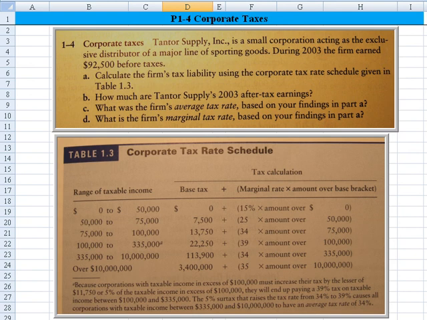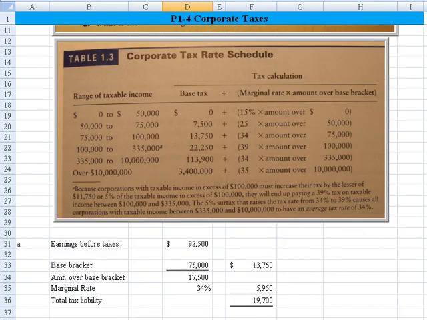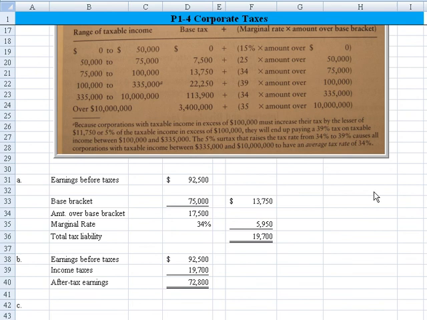Now sliding back up to the top to read what they want on Part C, which is what's the firm's average tax rate based on your findings in Part A. Let's slide back down. Let's find the average. Let's type that in first. How do we find the average tax rate?